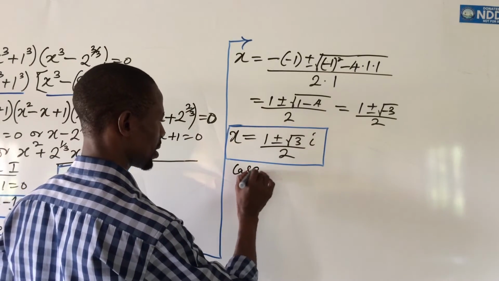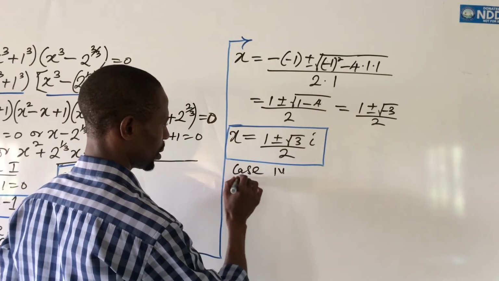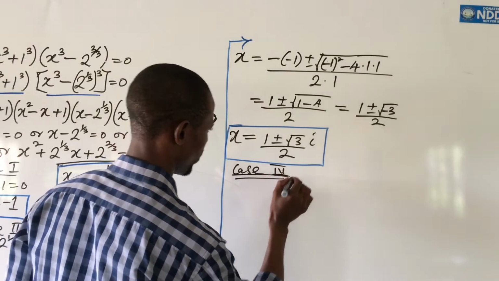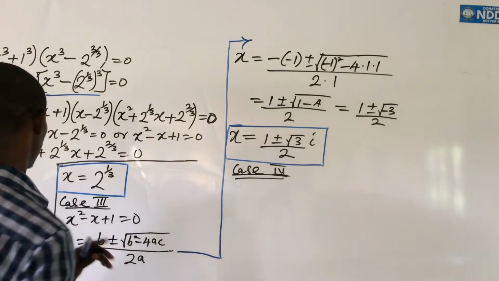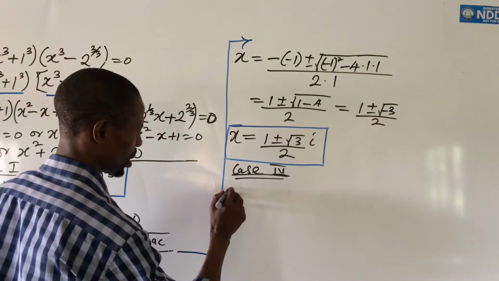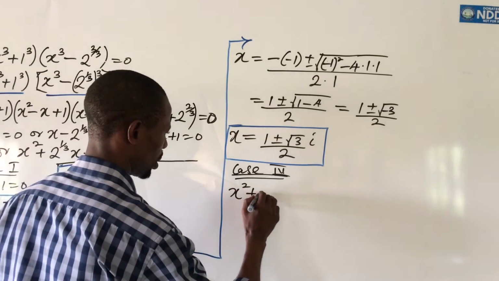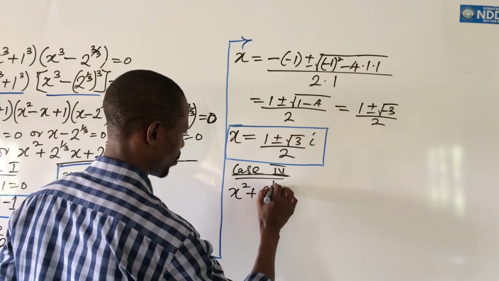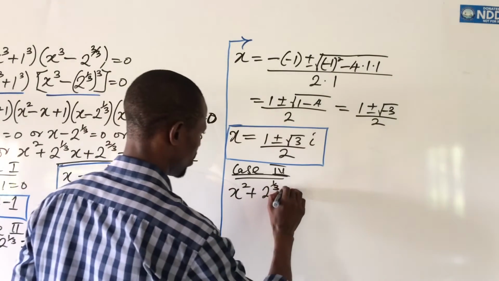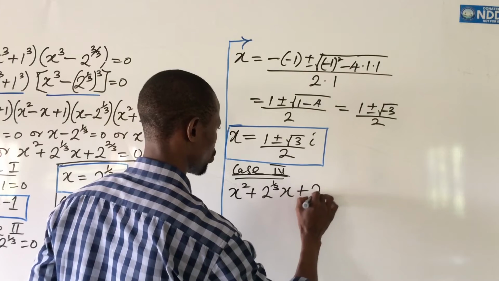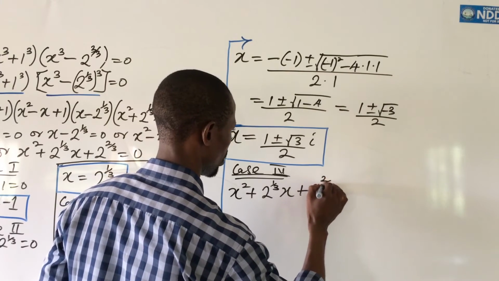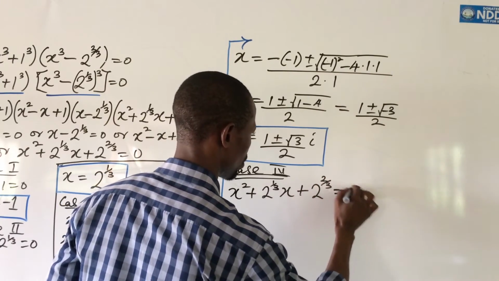In other words, let's rule off this guy here now. So we have here case 4. Let's bring out our equation for case 4, which was x to the power of 2, plus 2 to the power of 1 all over 3 times x, plus 2 to the power of 2 all over 3, equal to 0.